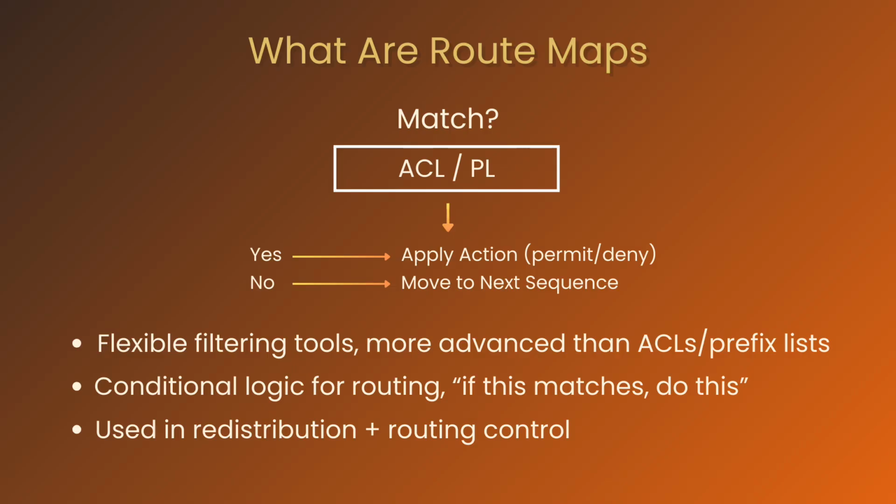They have match statements to identify routes and set statements to define what you want the router to do with those routes. Think of ACLs and prefix lists as filters with strict rules, black and white. Route maps are more like policies with logic. You get shades of gray and more control.